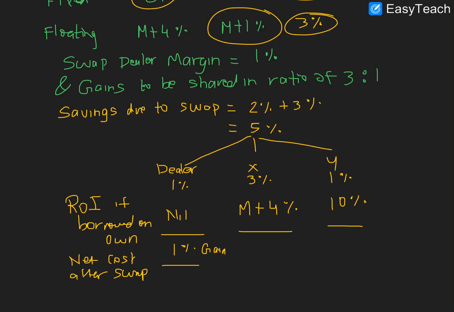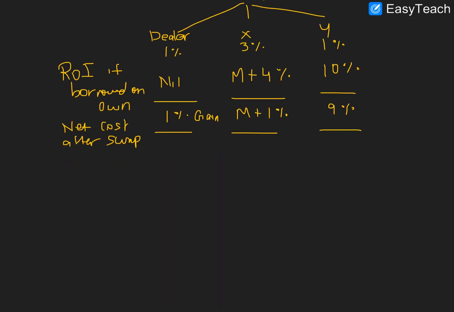And then for X, the cost should be MIBOR plus 1%, and for Y, the cost should be 9%. So let's try to create a diagram to present this particular scenario, where we are going to have three parties: the firm X, the firm Y, and the dealer in between.